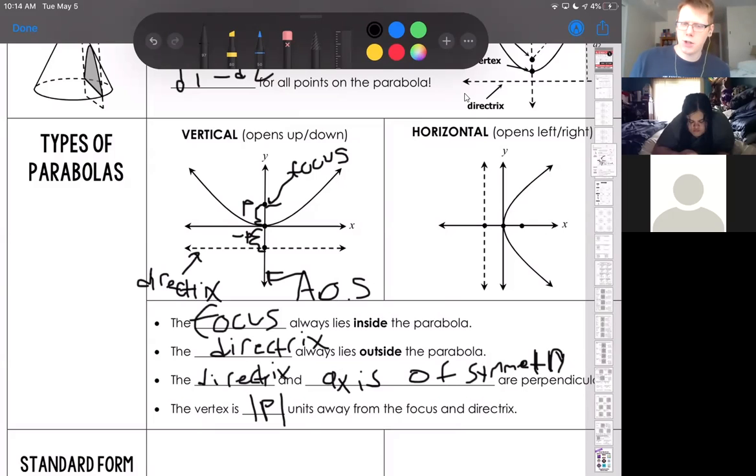It's always going to be this dotted line, and you'll see that your axis of symmetry and your directrix are always perpendicular to each other. Basically, that p-value is going to help us get our focus point and also our directrix.